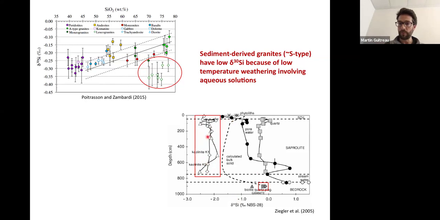So if you melt such material, you can explain why you have low isotopic composition. So it's more or less the opposite to what we see in oxygen isotopes. Oxygen isotope will have heavier isotopic compositions compared to a regular granite.